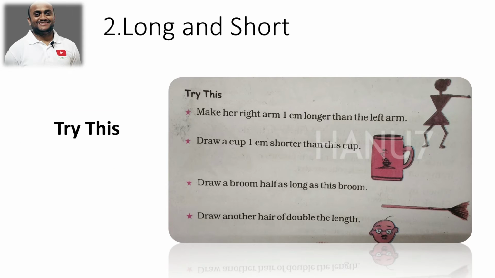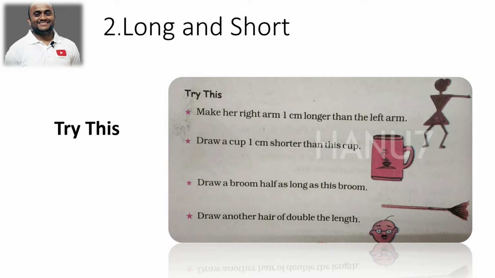Okay, and this is asking us to try this. So there are 4 tasks for us. One task is asking us to make the right arm 1 centimeter longer than the left arm. You can see here a lady who is turning towards that side and taking her left hand in parallel with the right hand, and no left hand is visible.